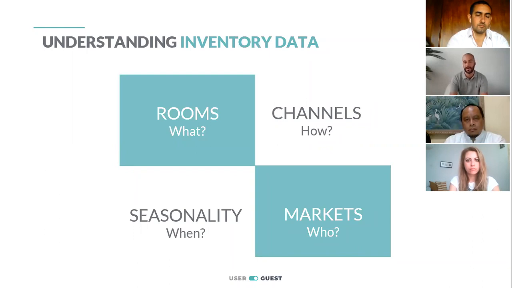These are very important questions you need to ask yourself to really understand how your rooms are being sold. Use your past data to understand what's being sold when, and by whom, at which specific times, and on which specific channel.